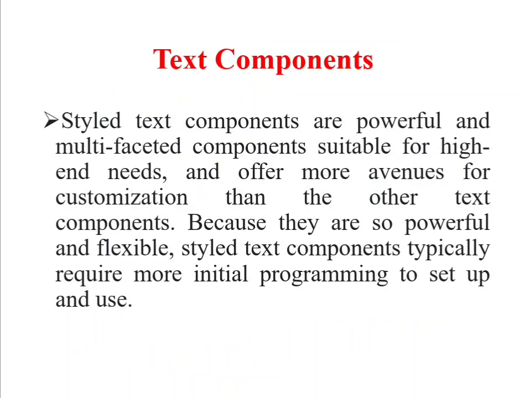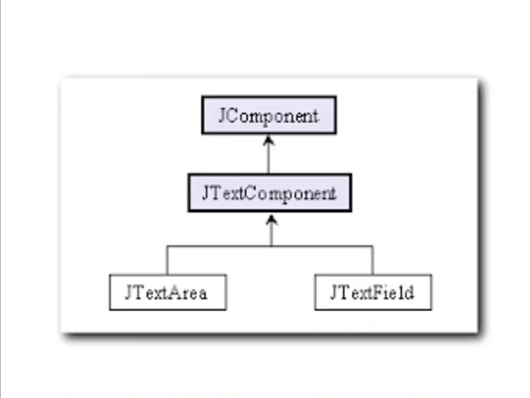The TextComponent class supports text selection, caret positioning, text setting and tagging of the component's editable state because these features are common to both text fields and text areas. The AWT defines two types of text component, that is TextArea and TextField. The text area and the text fields are text components that support a variety of text entry and editing functions.